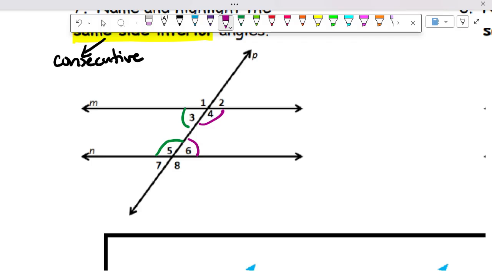For example, let's say this angle was 80, this angle was 100. That means angle 6 has to be what? It has to be 80 because it's congruent to 3. Is it not true that since these two are supplementary, and these two are congruent, that these two also have to be supplementary? Yeah.